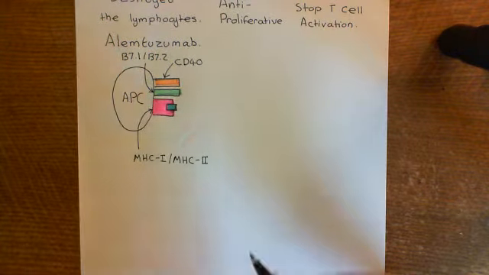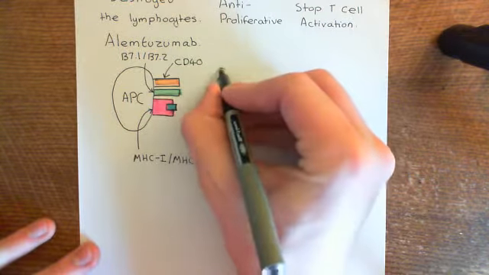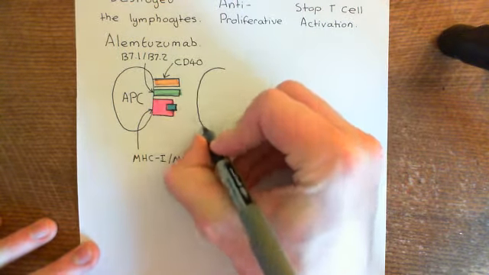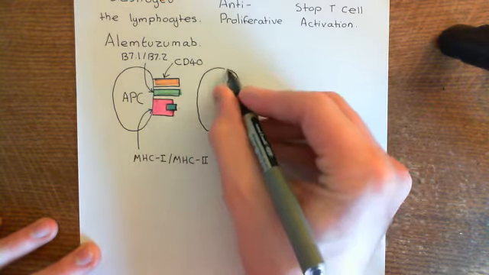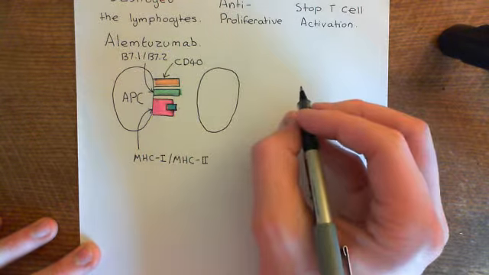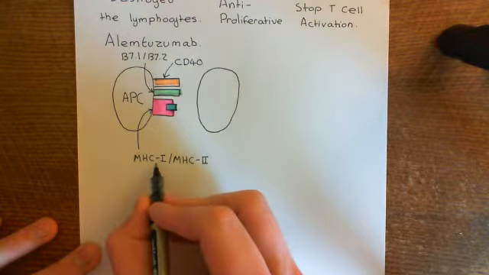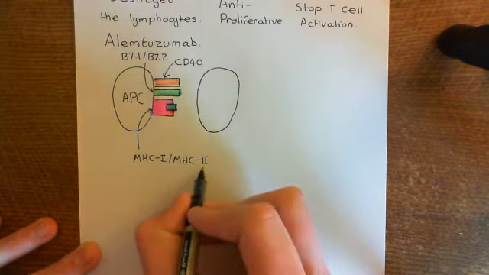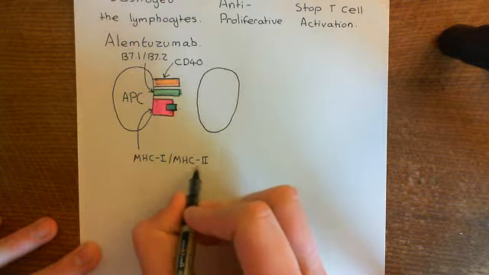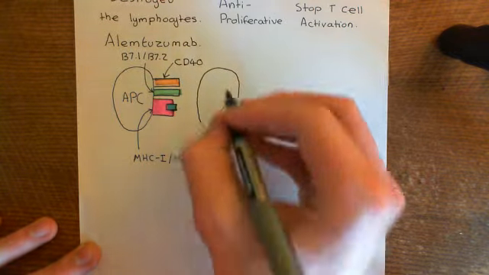Okay, so then we have our naive T cell here. And again, now we're going to generalise. It's either going to be a CD8 positive naive T cell, if we're presenting it on MHC class 1, or it's going to be a CD4 positive T cell if we are presenting it on MHC class 2.